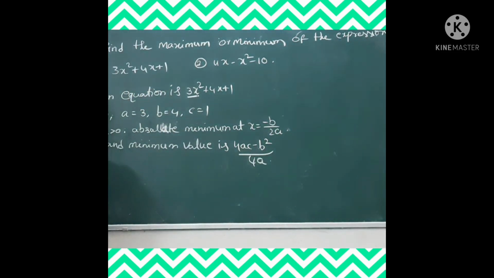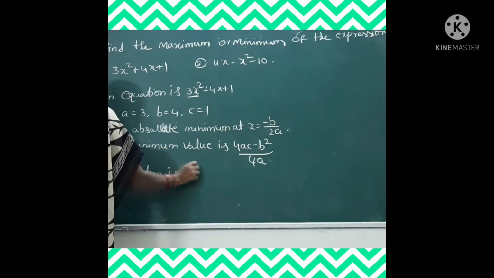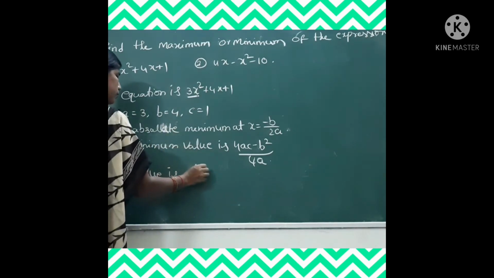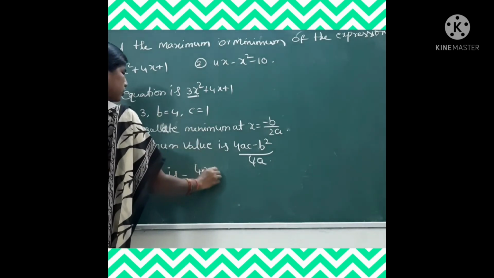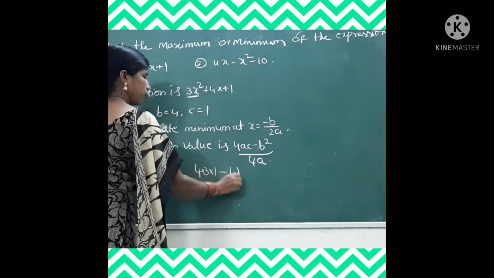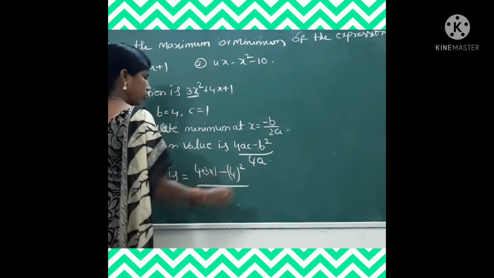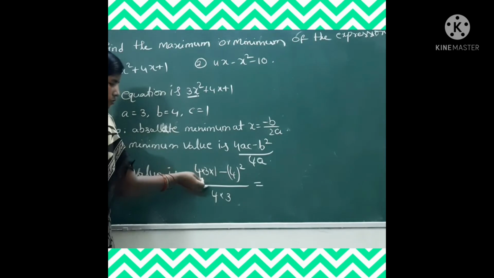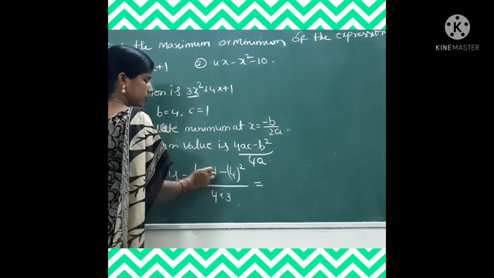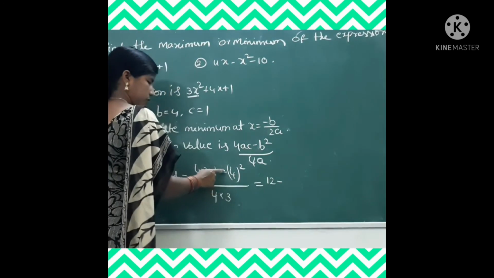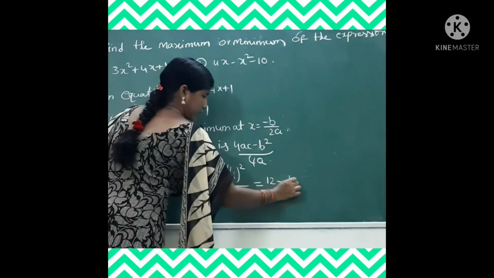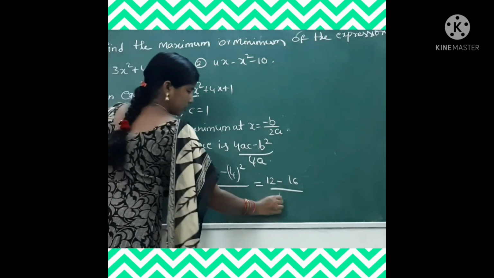Okay, now substitute these values, therefore minimum value is 4, a means 3, and c means 1, minus b square means 4 square, by 4 into a means 3. Okay, now simplify this one. 4 3s are 12 and 12 1s are 12, minus 4 square means 16, by here 12.